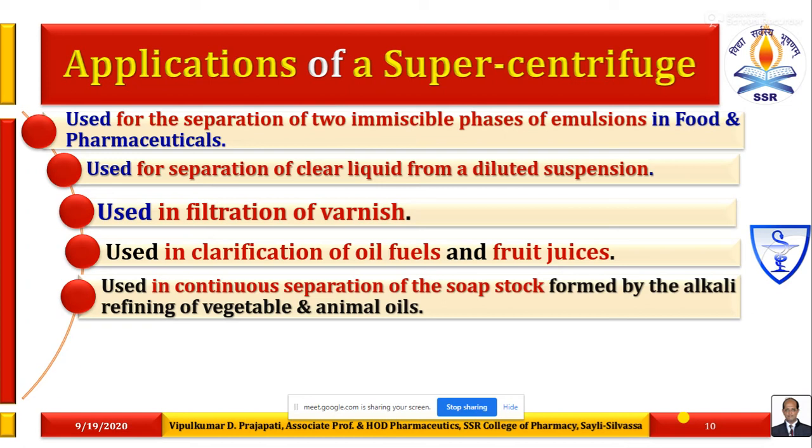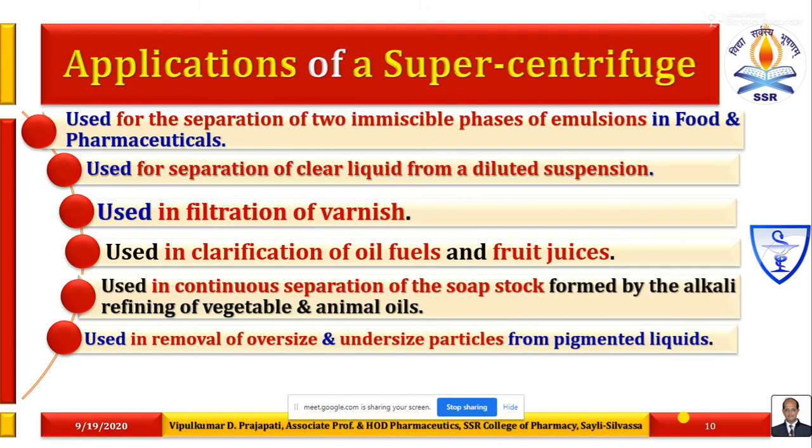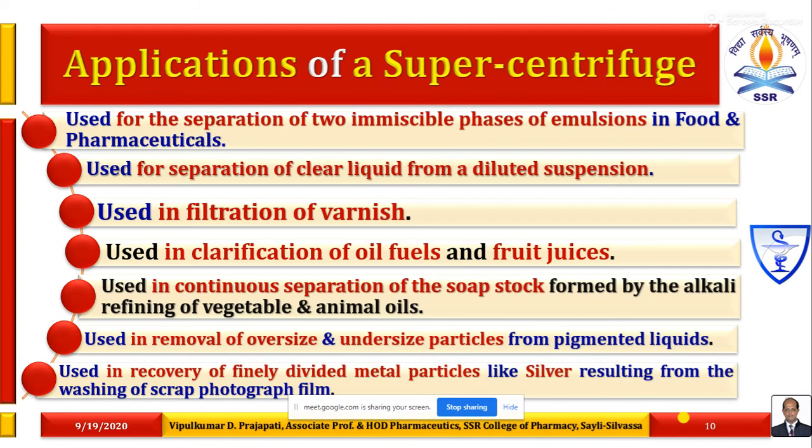animal oils. It is also used in the removal of oversized or undersized particles from pigmented liquids, and used in recovery of finely divided metal particles such as silver resulting from the washing of scrap photograph film.